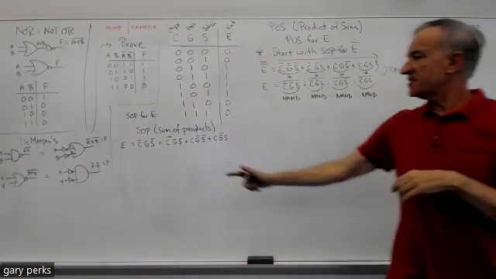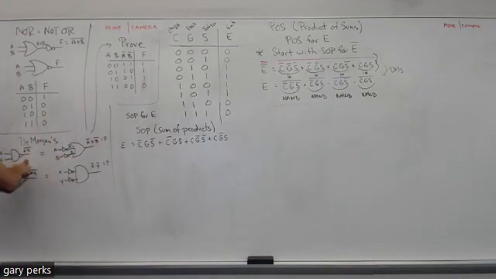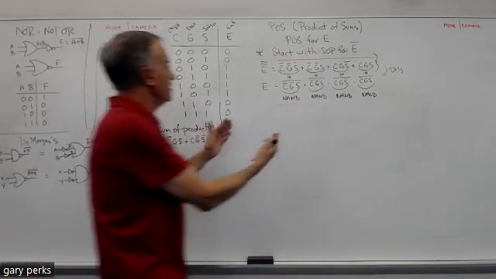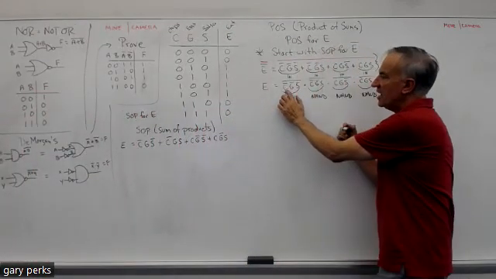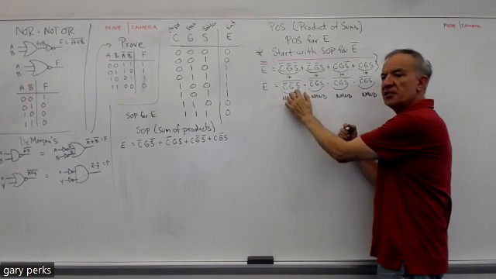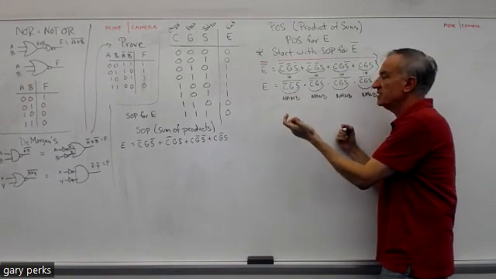And what does De Morgan's tell us? A NAND is the same as an OR with the inputs inverted. So I look here, I take each input, invert it, and then OR it, right?